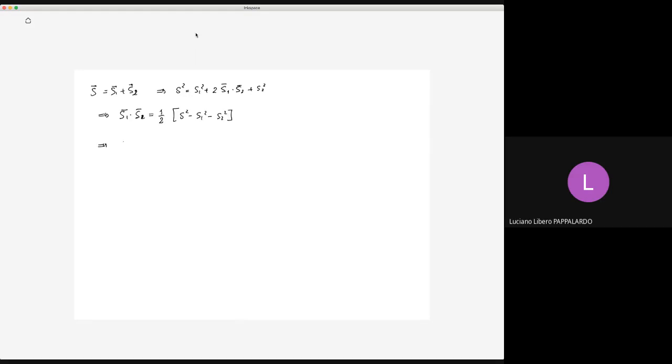Now you take the expectation value of S1 scalar S2. The expectation value is given in terms of the expectation values of these operators, so now you can put in the eigenvalues: S(S+1) minus S1(S1+1) minus S2(S2+1). So this is the master formula.